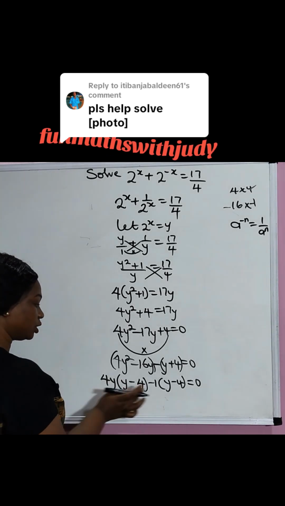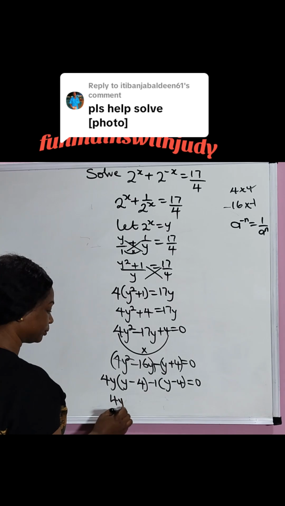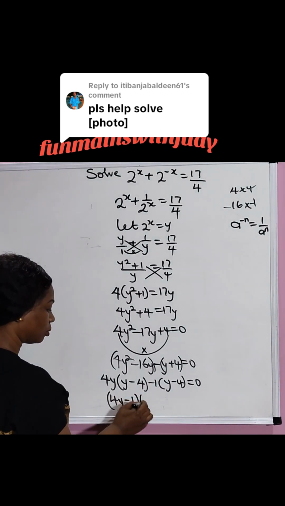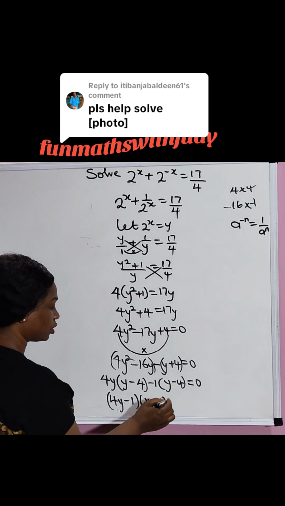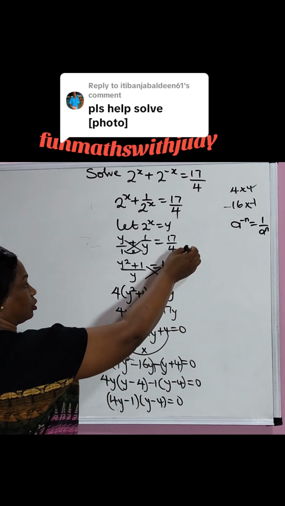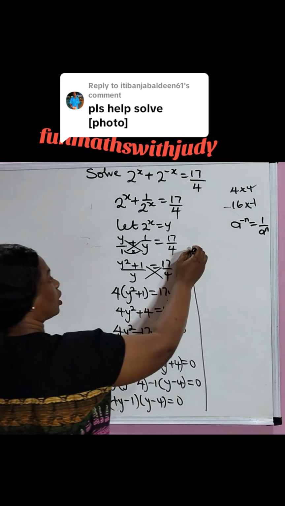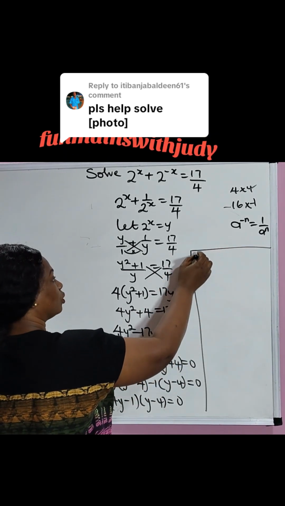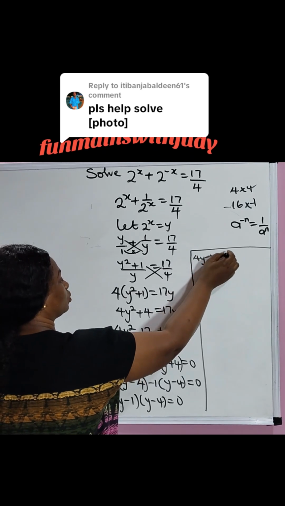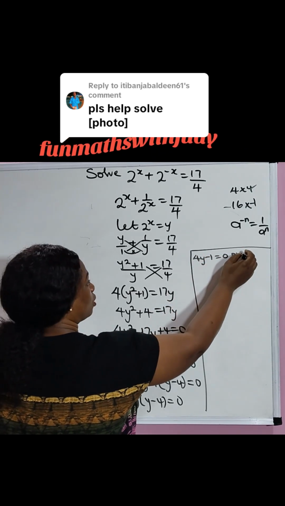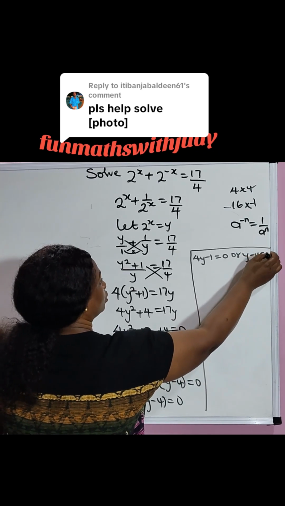Now, bring these two together, we have 4y minus 1 multiply y minus 4 is equal to 0. From here, we will have that 4y minus 1 is equal to 0, or y minus 4 is equal to 0.